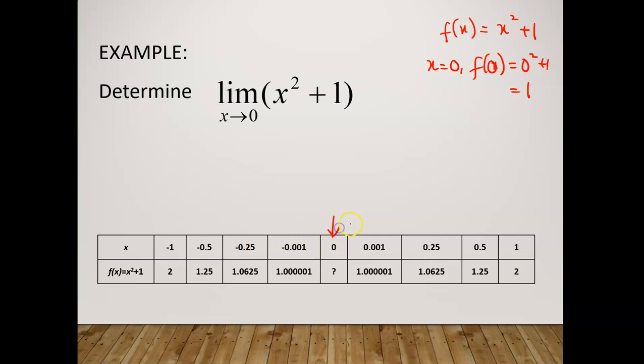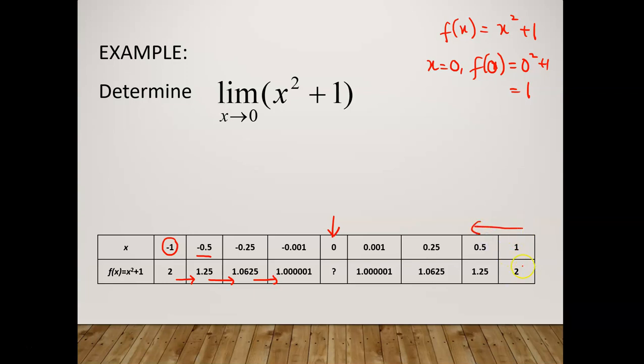When x is negative 1, you get 2. When x is negative 0.5, you get 1.25. You can see this value is decreasing. When x equals negative 0.25, it is decreasing again. When x equals negative 0.001, it is approaching 1.0001.